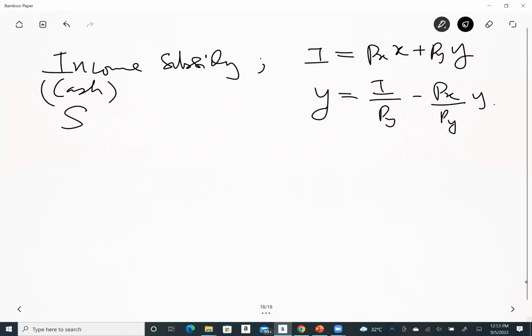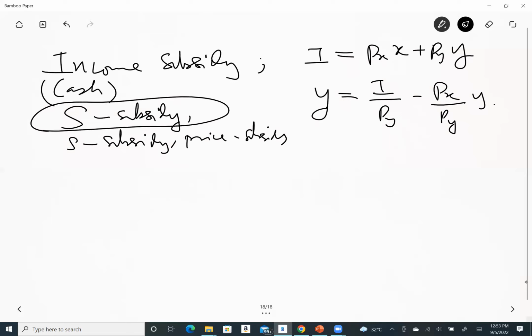We call it capital S. The small s is the price subsidy, or subsidy per unit. But now we are talking about the subsidy expenditure, capital S.